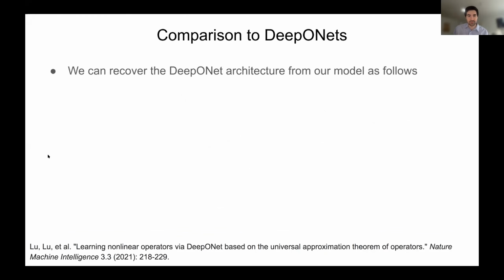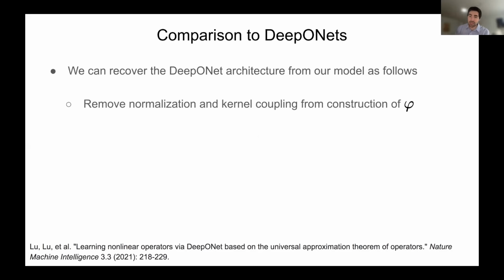I think we're missing a slide here. Maybe we're not. So to compare it to the two architectures we looked at before, first the DeepONets, we can actually recover the DeepONet architecture from our model in a similar procedure to as we try to reduce it to the Chen and Chen architecture due to the connection between those two. We would have to remove this normalization component and the kernel coupling.